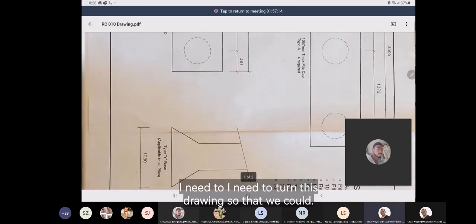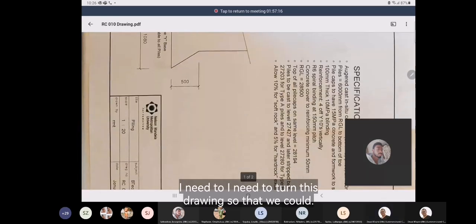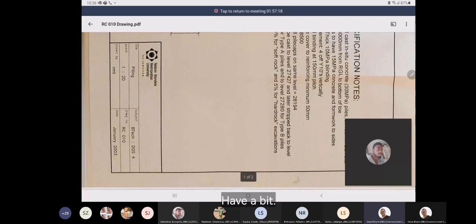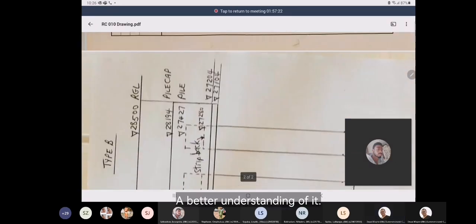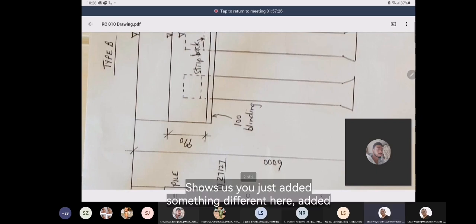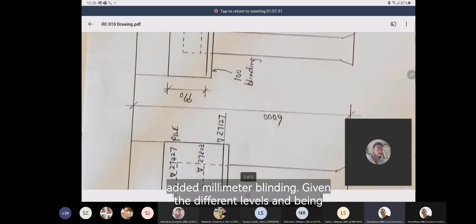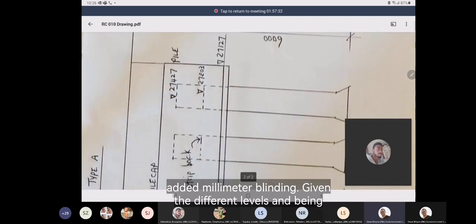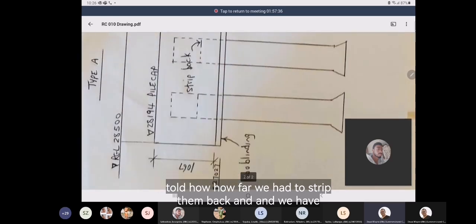I need to turn this drawing so that we could have a better understanding of it. Because this drawing shows you just added something different here, added 100 millimeter blinding, given the different levels and being told how far we had to strip them back.